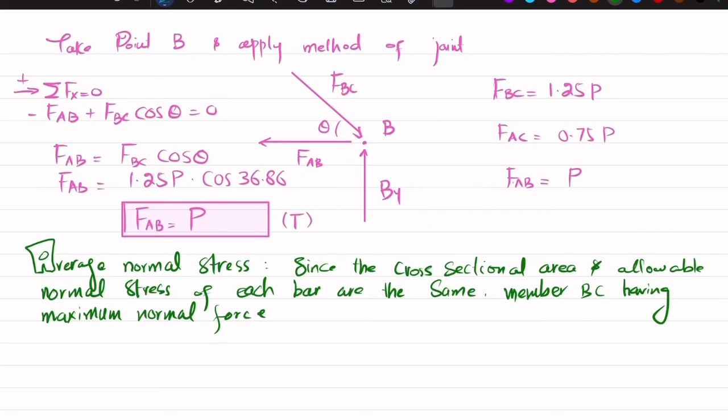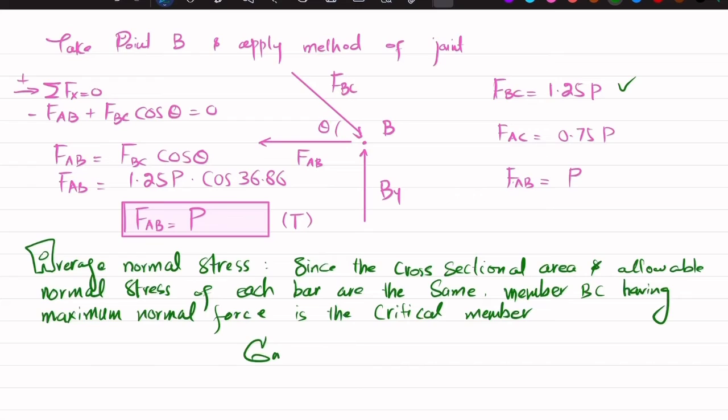You can see that this member carries a maximum of 1.25 times P. So the member with maximum normal force is the critical member, and we will find this P based on the average normal stress in this critical member.